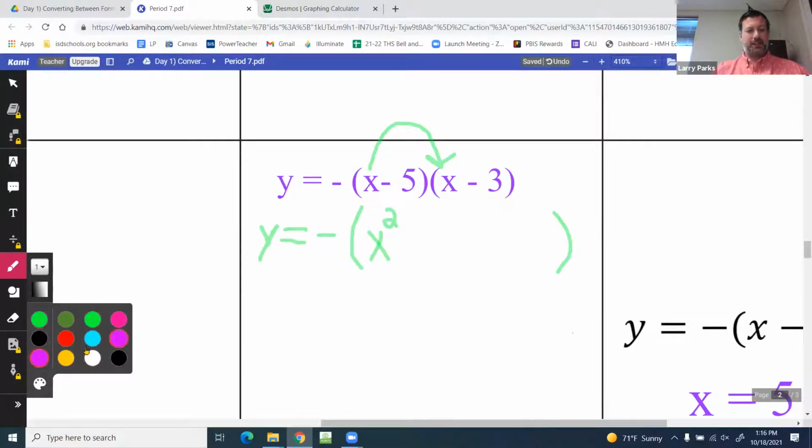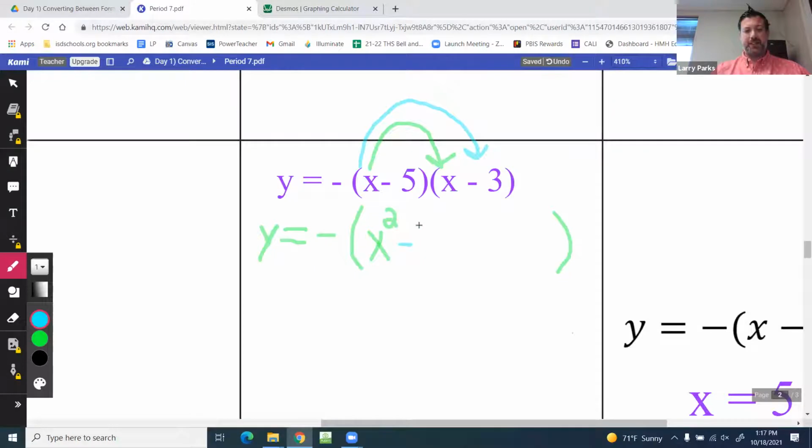And then I'm going to take x times -3. That's -3x. And then -5 times x. That's -5x. And notice those combine. And then we'll take -5 times -3. That's plus 15.